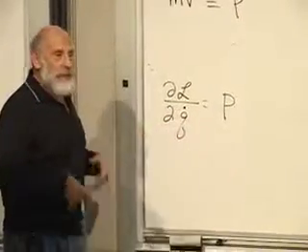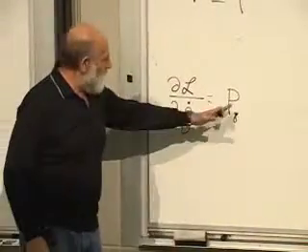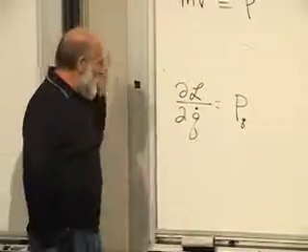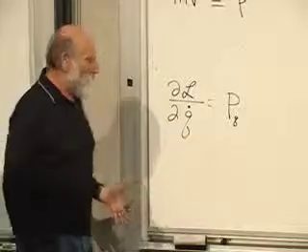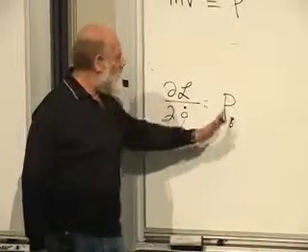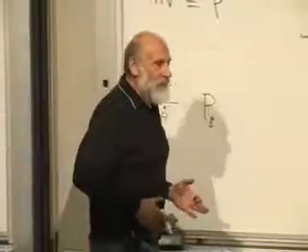You could call it p sub q, meaning the momentum that's gotten by differentiating the Lagrangian with respect to the velocity associated with the coordinate q, but that's a mouthful, so we just call it the q momentum, or better yet, the momentum conjugate to q, or better yet, the momentum canonically conjugate to q. It's getting as bad as the original thing.